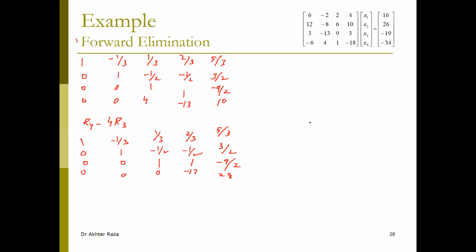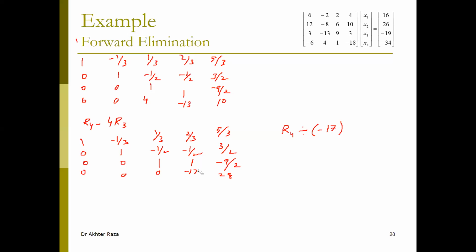So if I divide the last row by minus 17, this step becomes R4 divided by minus 1 by 17, minus 17. So I'm just changing these two elements.